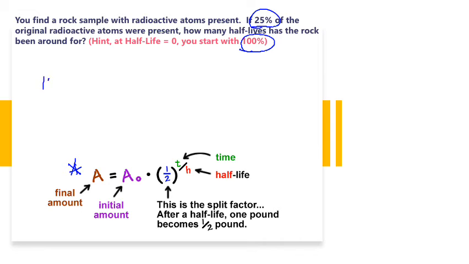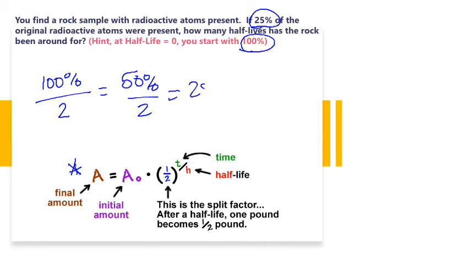But if we think about it, if you start out with 100% and you divide it by 2, you undergo 1 half-life, you get to 50%. Then you divide that by 2, you end up at 25%. So that happened 2 times. So your answer would be 2 half-lives.